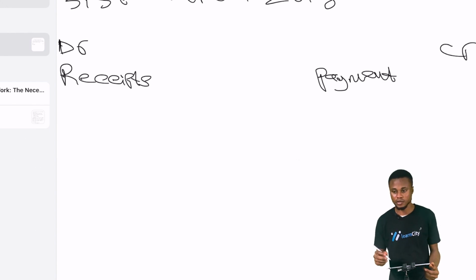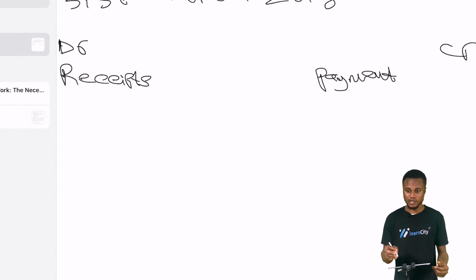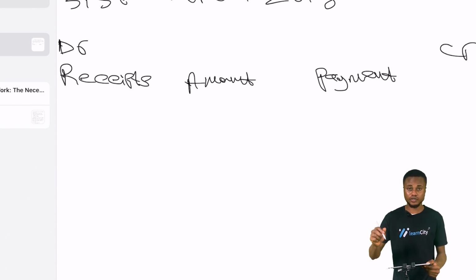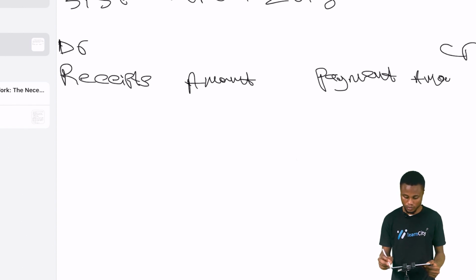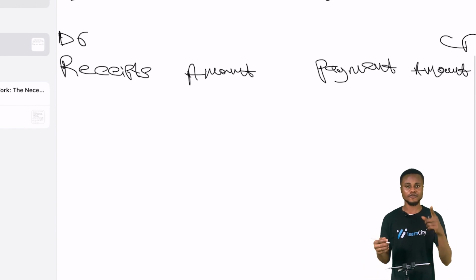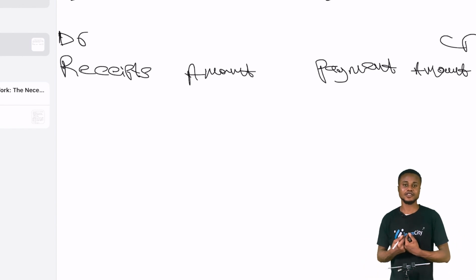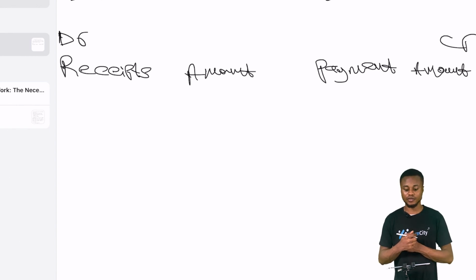After that, the amount has to be at the front of the receipt for the debit side, and you go to the credit side also and write the amount too. So we've solved the first simple step in solving the receipt and payment account.